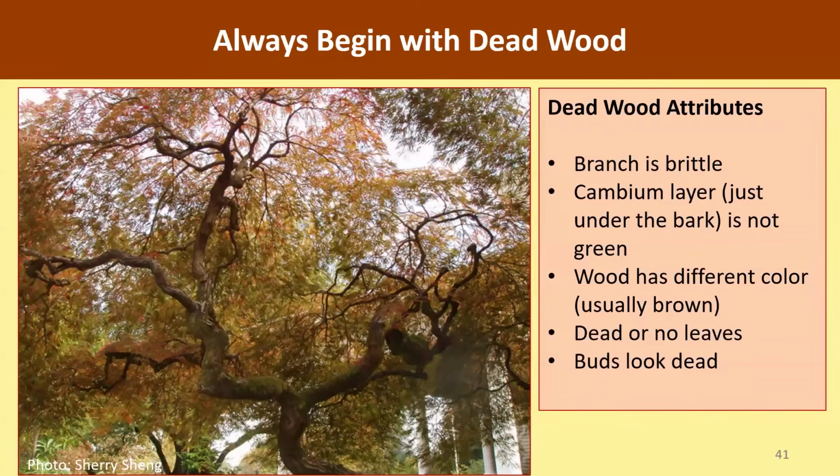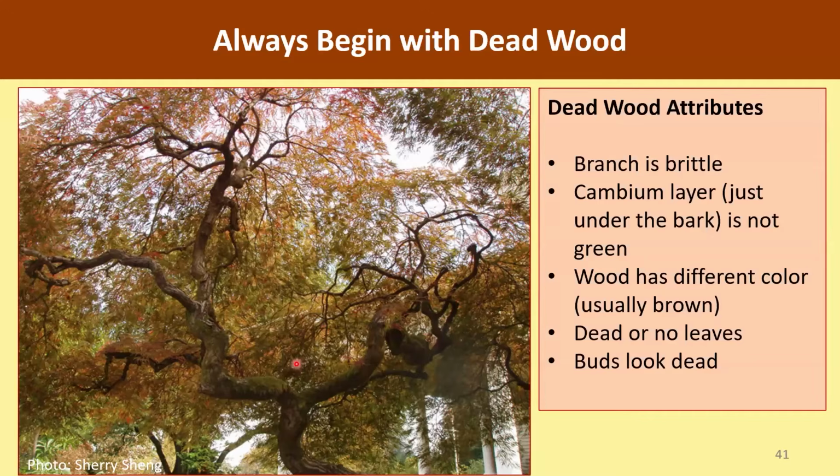Well, if we do want to prune, what should we do? We always begin with dead wood. A group of the shrubs that have kind of a weeping form, or some just have a shaded center, can accumulate a lot of dead branches and leaves. In this situation, you want to crawl under the canopy and basically just use your pruner to lightly touch these branches.